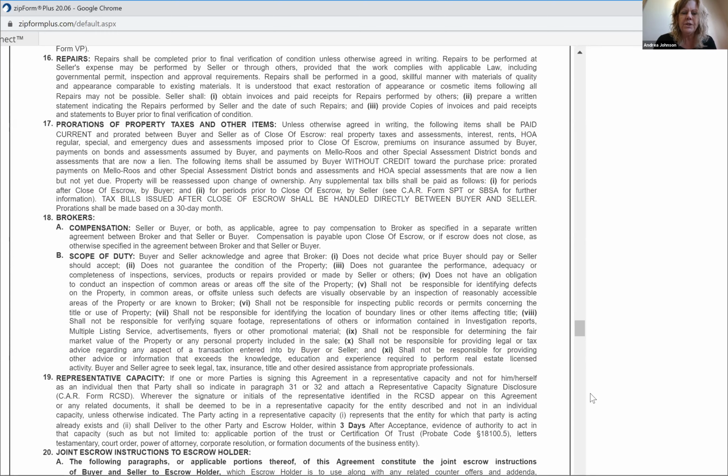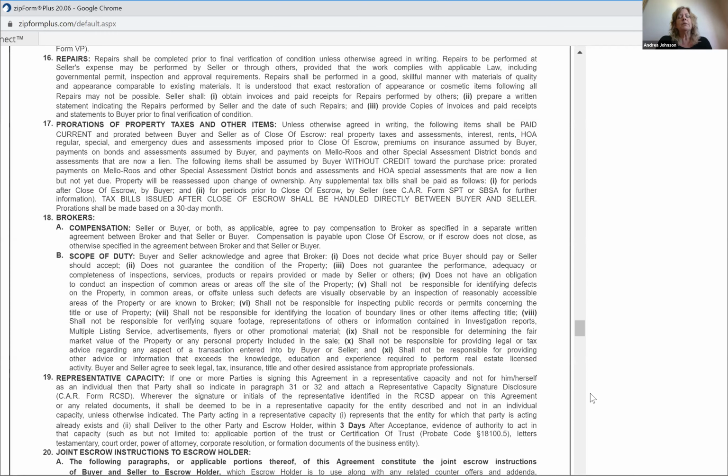So they really are supposed to provide you all of this information. If they had someone else do it, you're supposed to get the invoices and receipts. And if they did it themselves, they're supposed to give you a written narrative of what they did and how they did it. And all of that, copies of invoices and paid receipts and statements, are provided to the buyer. And that should occur prior to the final verification of condition.